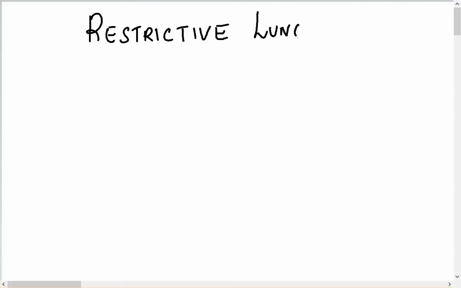This is the explanation for the lecture. I think lecture number 18, right? Restrictive lung disease. Particularly we are going to see in detail about three diseases, and in that two diseases in detail.